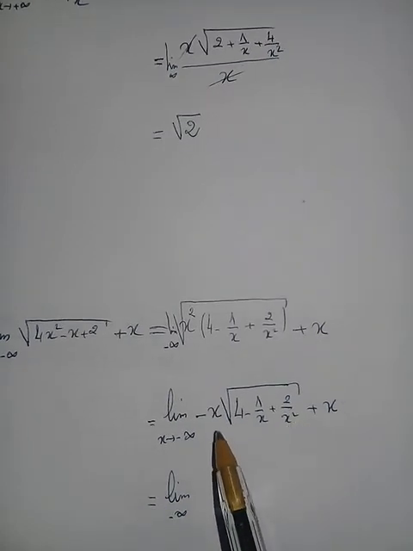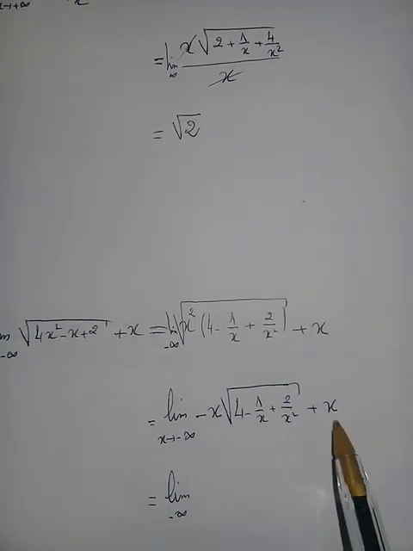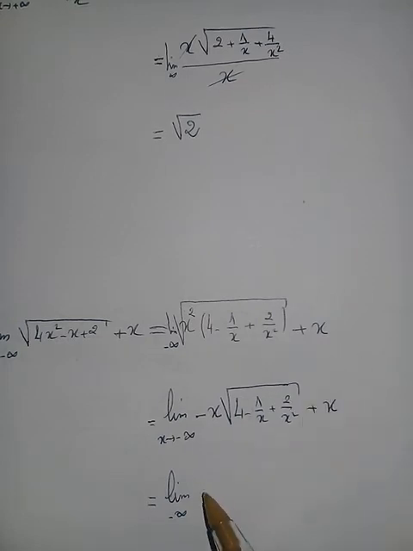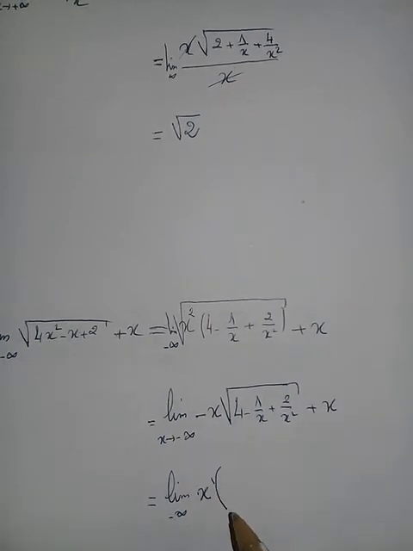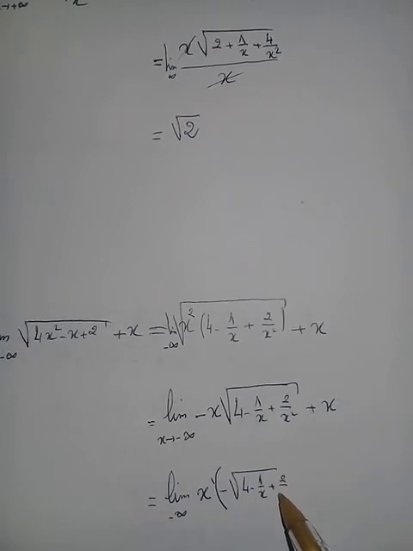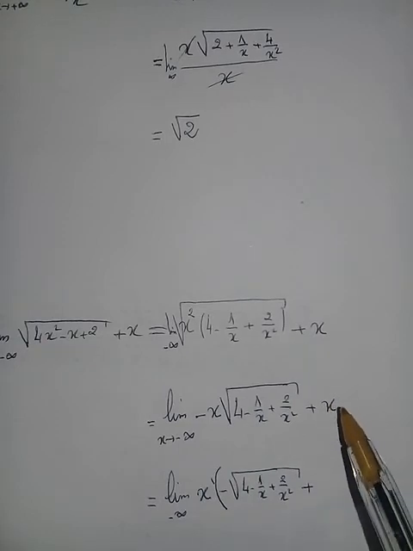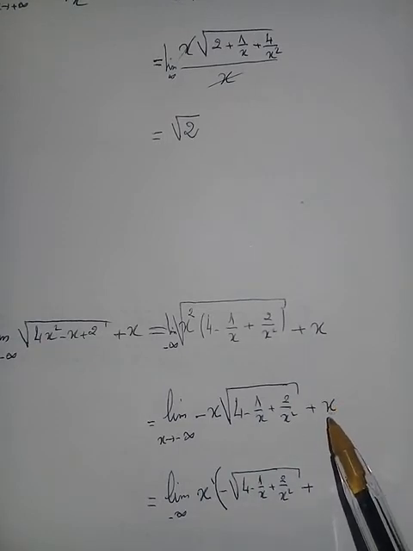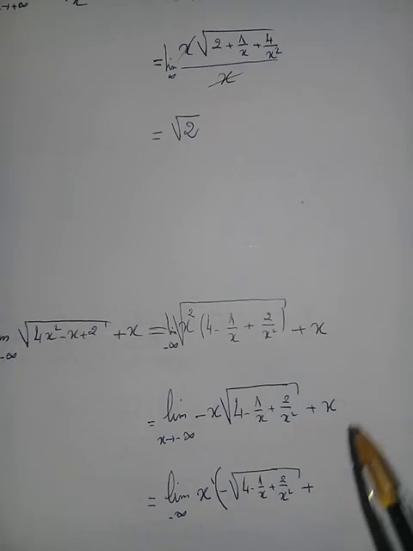Here I have a common factor, which is x, times the minus this plus 1, because I took the x out.